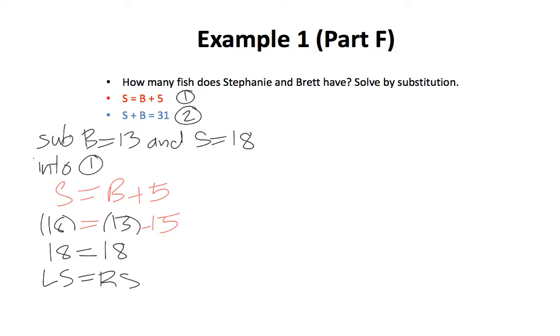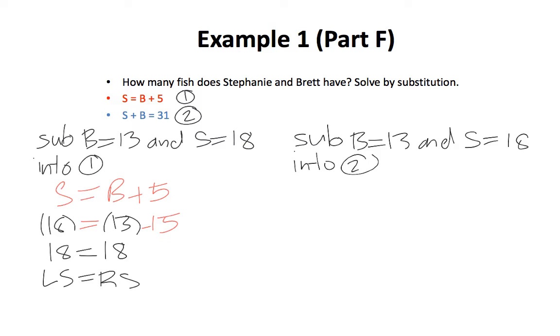I'm going to do the exact same thing for equation 2. So I'm going to say sub B is equal to 13 and S is equal to 18 into equation 2. Let's begin with our equation, which is S plus B is equal to 31.